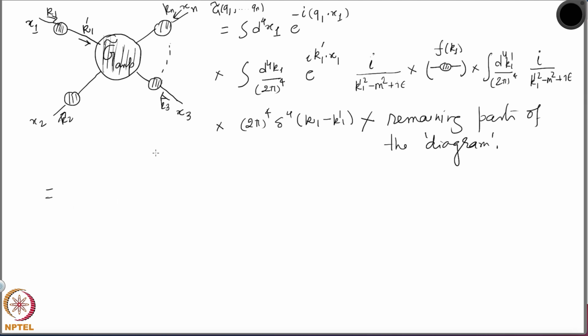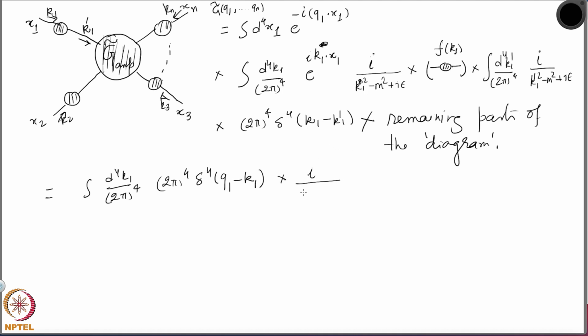I should write the integral d4 k1 over 2 pi to the 4, and then integrating over x1 gives me this delta function, q1 minus k1, times this should also have been k1.